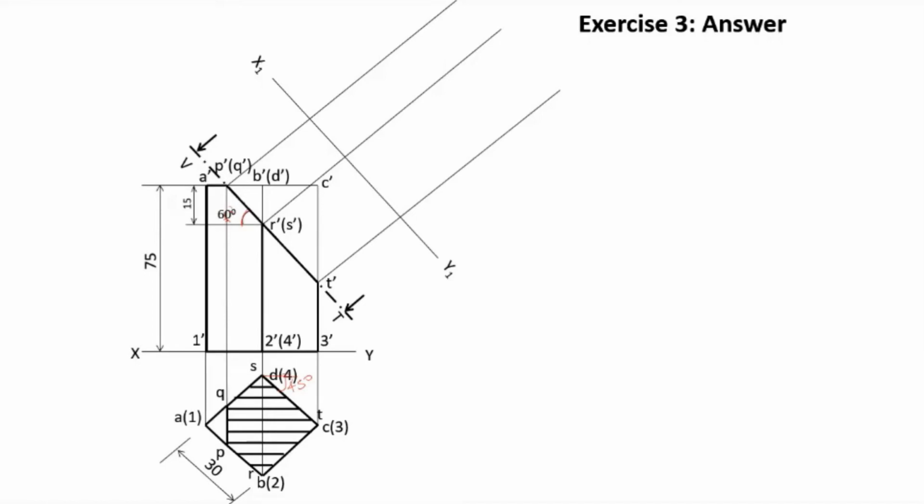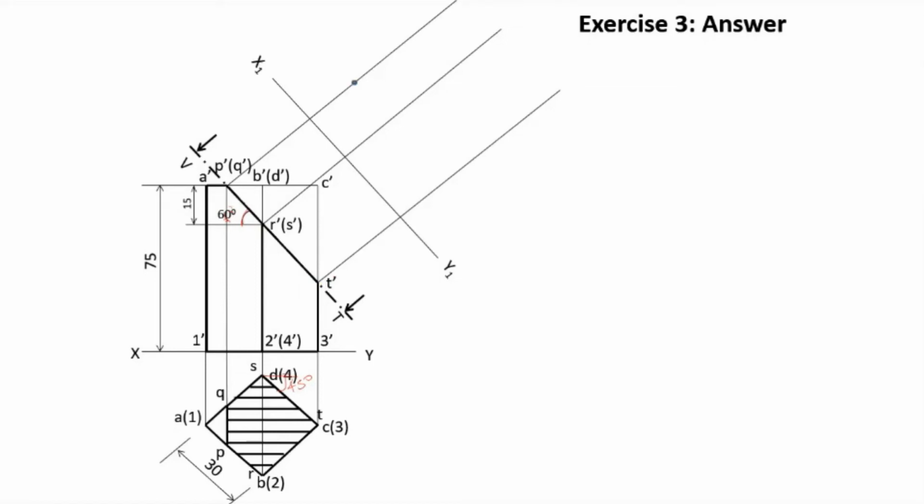It is always better it doesn't cross with the front view, though even if it crosses, it is okay. This X1 Y1 line is parallel to this section surface, or this X1 Y1 line is perpendicular to the newly drawn projectors from P dash, Q dash, R dash, S dash, and T dash.